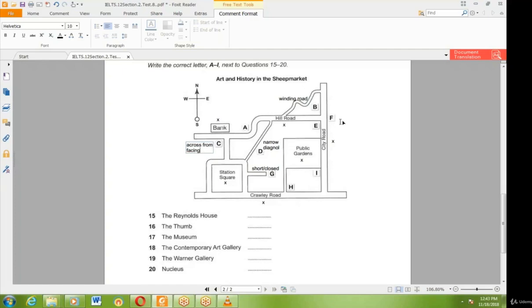It's not intersection. Yes, Ravi. It's called a junction. That's the English word they're going to refer to.